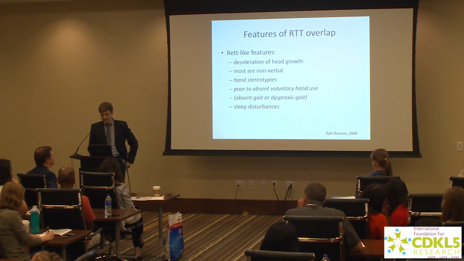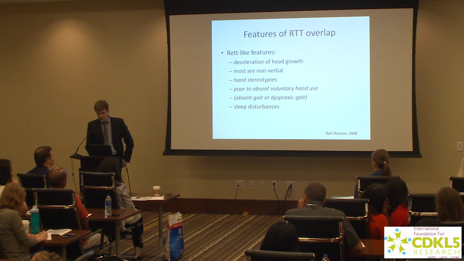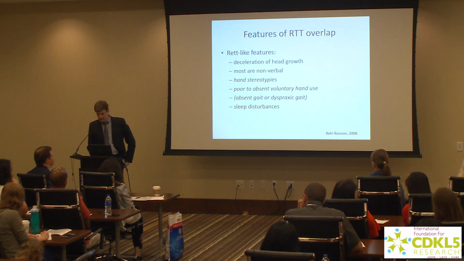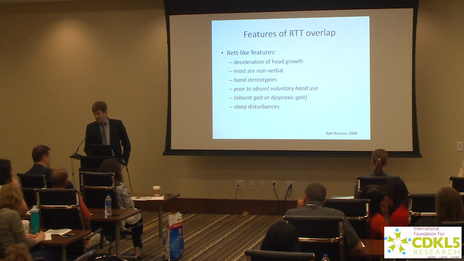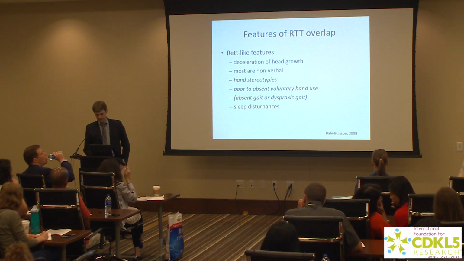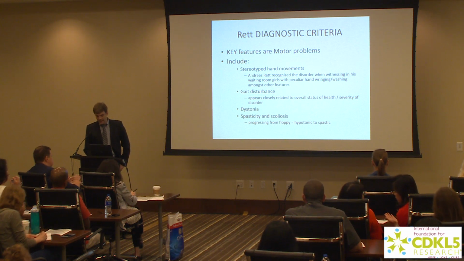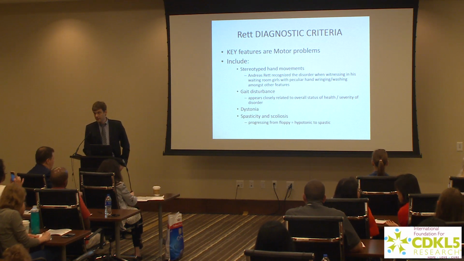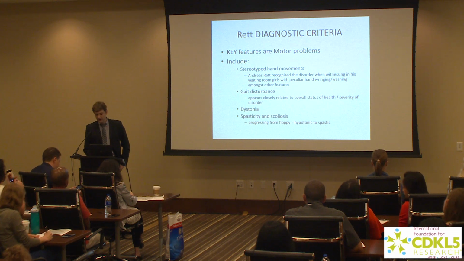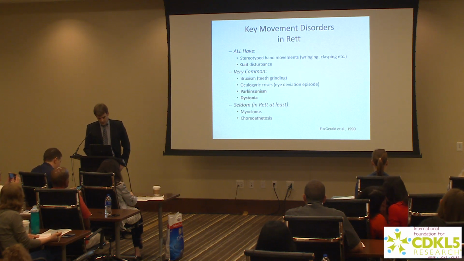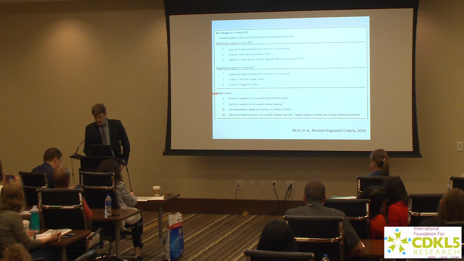Very frequent hand stereotypies, poor to absent voluntary hand use, and an abnormal gait if the child is ambulatory are common in both disorders. Rett syndrome is very heavily based on motor features, the diagnosis of Rett syndrome. I will skip this slide.